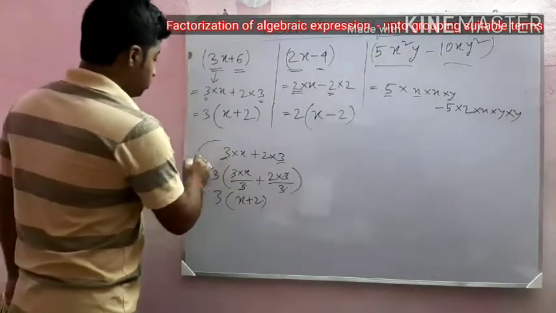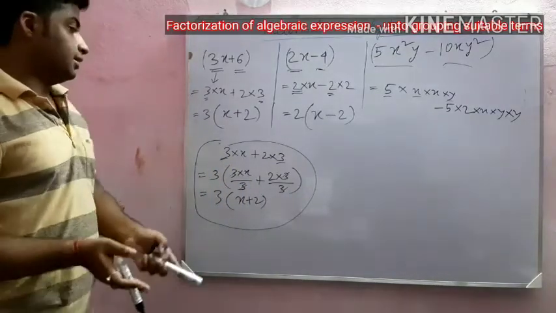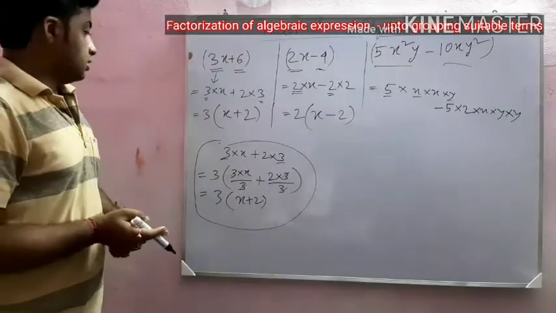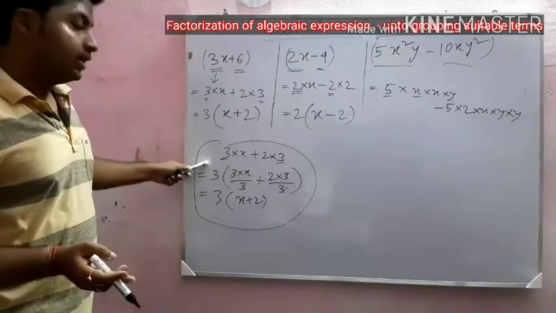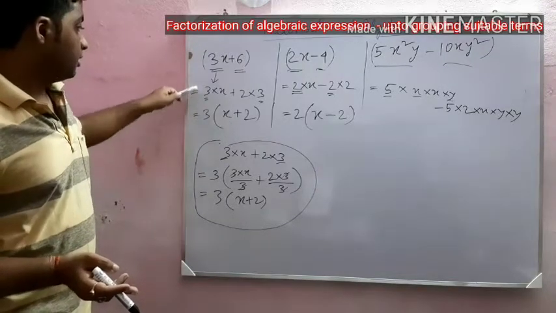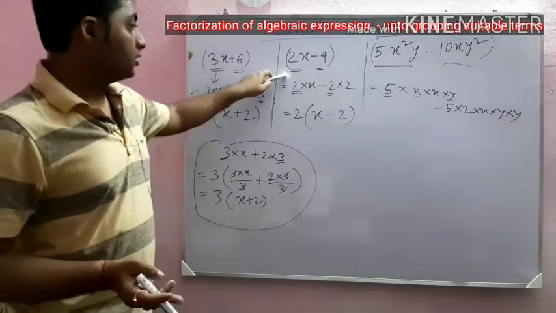You don't need to do this calculation in your copy when you are answering the questions in the exam paper. You just need to calculate this in your mind. Okay, and you can directly write this line, and this one. Okay, this is the answer. For this also, this is the answer.